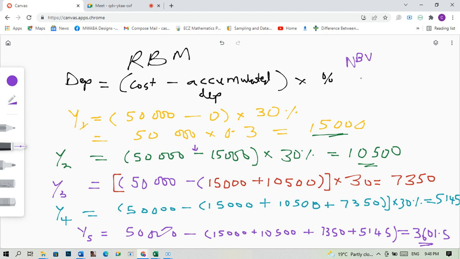So yeah, the net book value for year 5 will be 50,000 minus all these values here, including 3,601.5. You're going to add all these values together, then you subtract from 50,000. That's how you get the net book value for year 5.